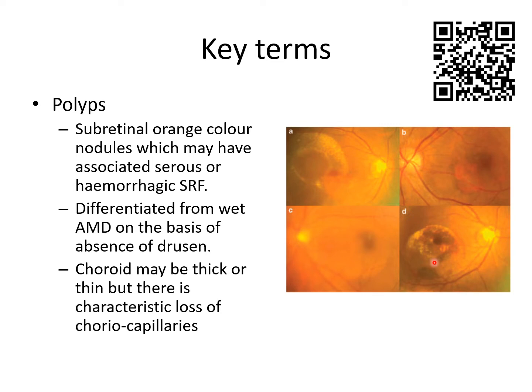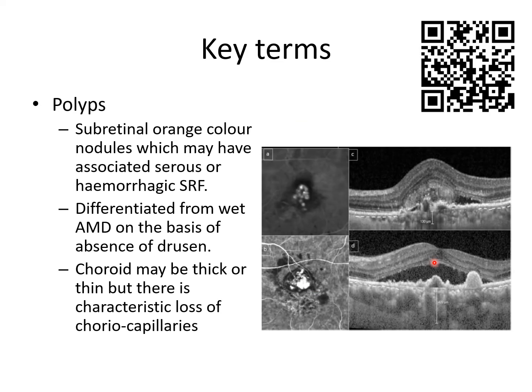The common denominator here would be that the choroid may be thick or thin, but there would be a characteristic loss of capillaries. As seen here on these two OCTs of two different patients, we can see the double layer sign here as well as here. We can see the separation of retinal pigment epithelium from the Bruch's membrane, and we can also appreciate that here the choroidal thickness is 130 micron, and here we have more than 400 micron thickness.